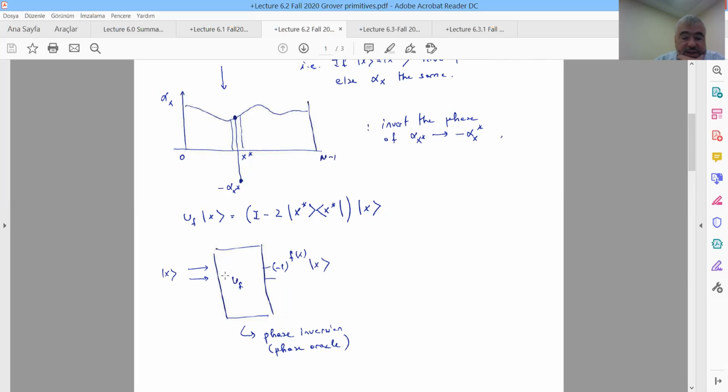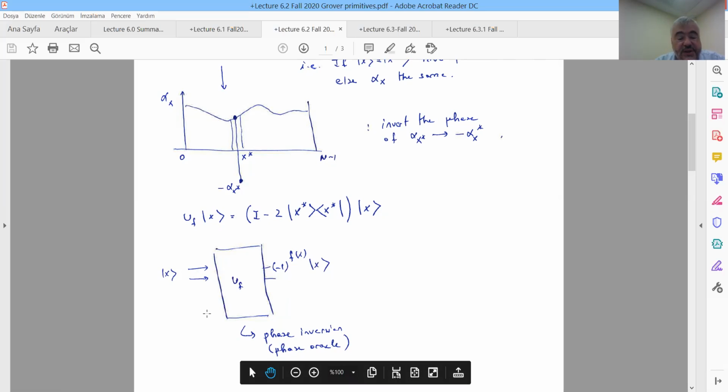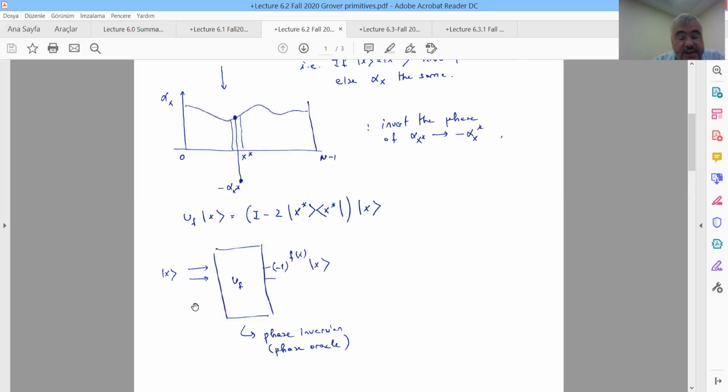What the phase oracle does is this: if the input is ket x, I'm omitting the ancillary bits, but since it is a phase oracle, the ancillary bit is going to be in the ket minus state. I'm not showing it here. This is the phase oracle that we discussed. It brings the function into the exponent of the phase.